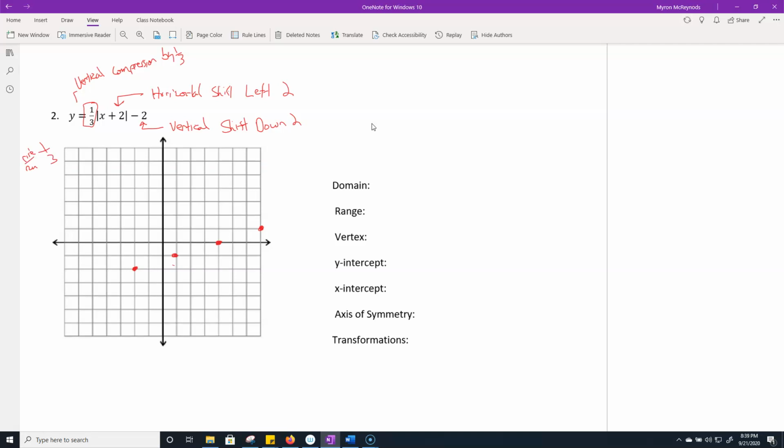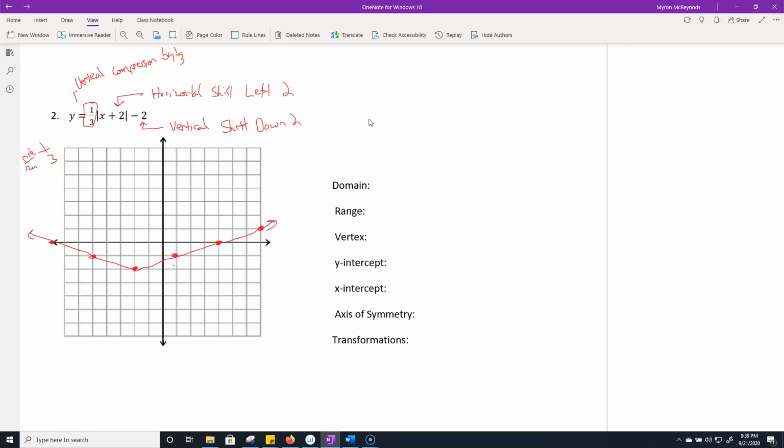And then on the other side of the vertex, you'll go up 1 and to the left 3. And then up 1 and to the left 3, and then it's like this next point out here. And there is my graph. See how it's real flat because it got a vertical compression because it's going up so slow.